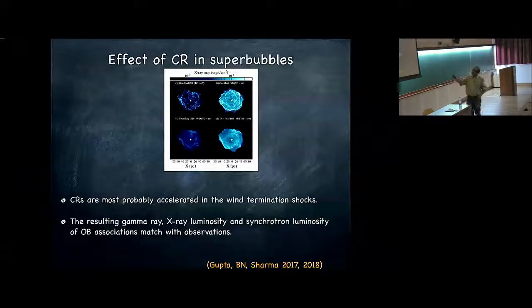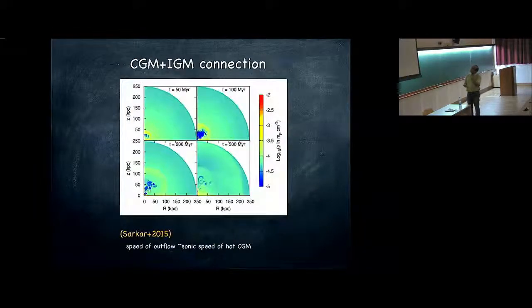Basically, by looking at gamma ray, X-ray, radio observations and checking with the star cluster, we think we understand that the cosmic rays are probably accelerated in the wind termination shocks. And this has actually taken us to unexpected avenues into understanding cosmic ray acceleration, but that's not the story for this conference.